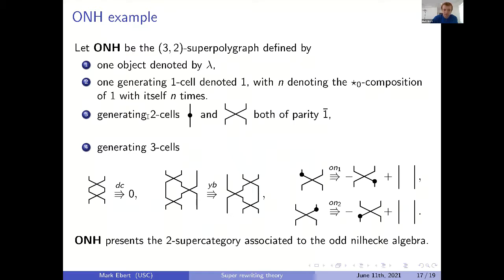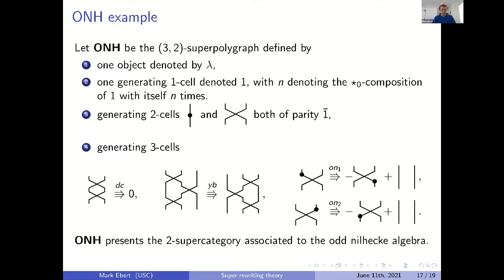We have generating 2 cells: there's a dot from 1 to 1, and there's a crossing from 2 to 2. And we have generating 3 cells, DC, YB, ON1, and ON2. So this presents a 2 supercategory that is associated to the odd-nil Hecke algebra.